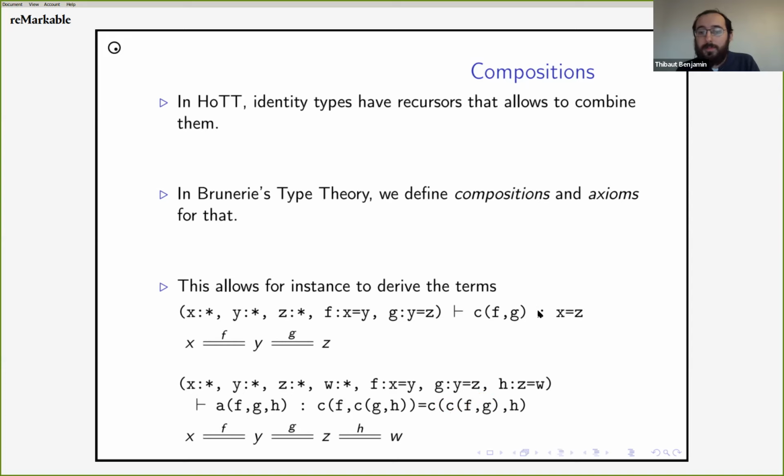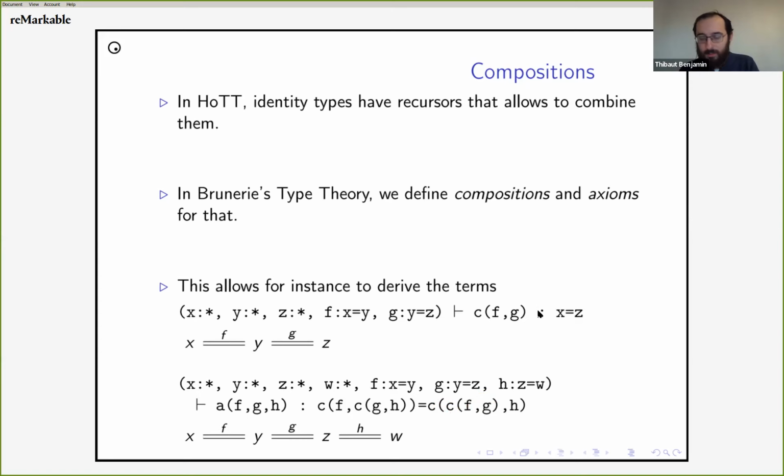So again, I have a theory, and then I have the rules of the theory that allow me to define such terms. What's interesting here is that only from term introduction rules and type introduction rules, I describe shapes and an algebraic structure on these shapes. And now I'm going to do the same, but for categories.